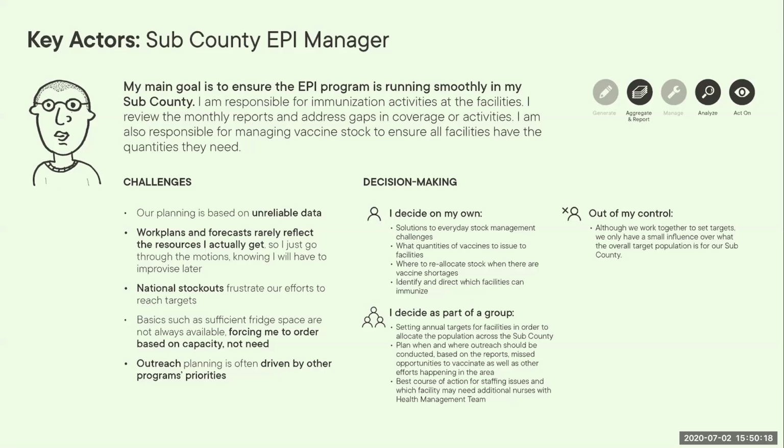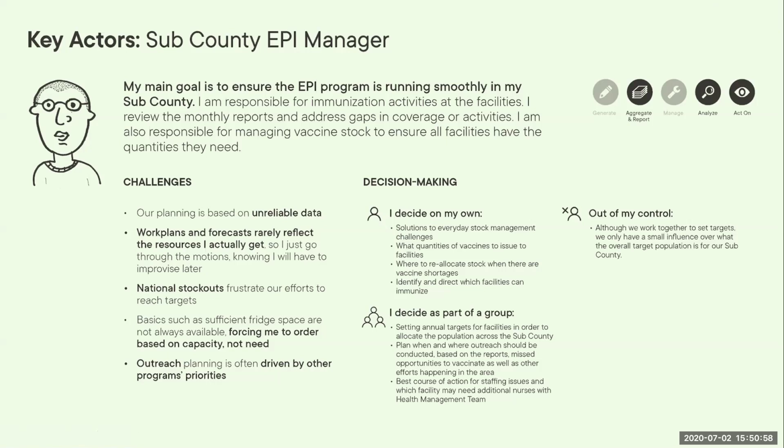One of their biggest challenges, which came up over and over again, is having an elaborate planning process and then not being able to rely on it, because it's almost guaranteed that whatever plan was made is not going to be followed. For example, the numbers used for planning are not reliable. And once you've created a plan and ordered a set amount of vaccines, you discover that the amount you ordered is not available, so you get a different number.